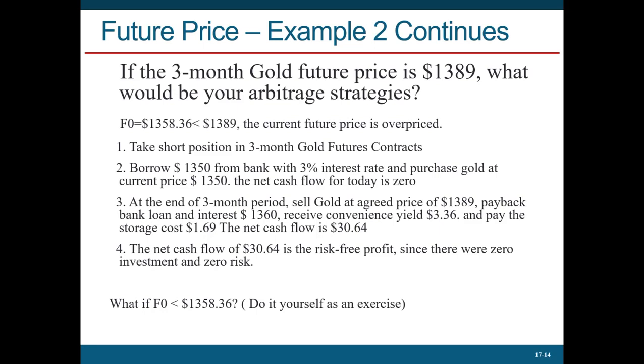You can buy gold as a real asset at $1,350, but you don't need to spend your own money. You borrow $1,350 from the bank at 3% interest rate and buy gold at the current price. Once you finish this, you have a liability with the bank. You're supposed to pay back that $1,350 plus interest.